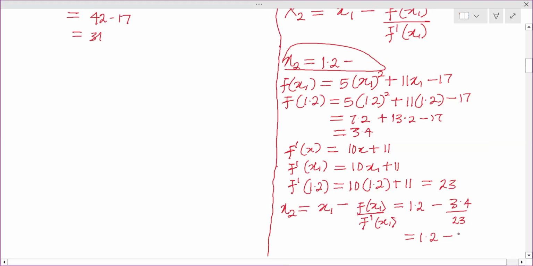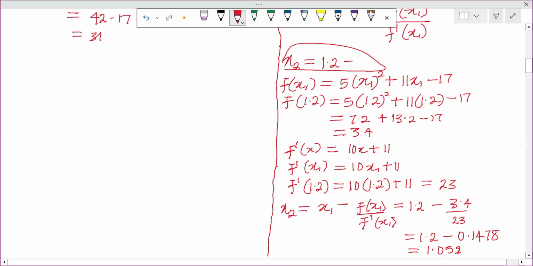That will give us 0.1478. And when you do that, you're going to have 1.052. So if I want to leave my answer in three significant figures as said by the question, I'll say that my x2 is equal to 1.05. So this is my x2.